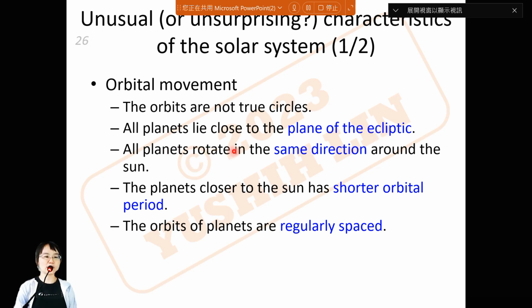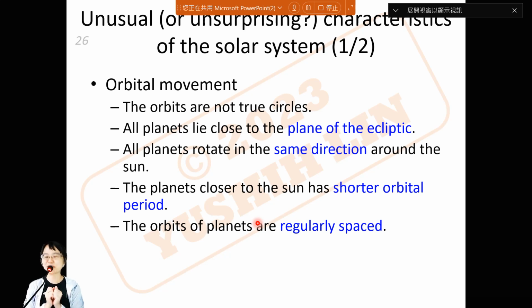All planets rotate in the same direction around the sun. They are all counterclockwise. The planets closer to the sun have a shorter orbital period. The planets at more distant places from the sun will move slowly, and closer ones will move faster. And the orbits of planets are regularly spaced.